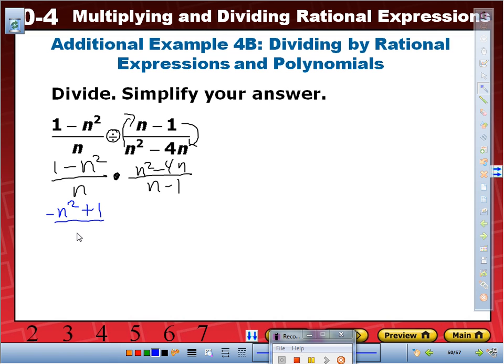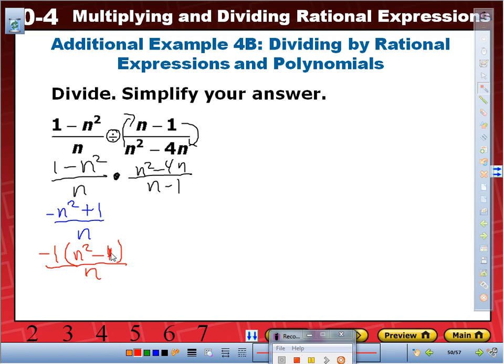Over n. So now, let's check for GCF now. What's our GCF? If the leading coefficient is negative, therefore the GCF is -1. And we're left with n squared minus 1 over n.